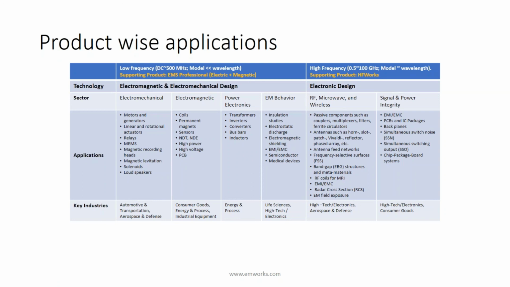You can do wireless power charging, power transfer devices, power electronics devices, high voltage applications, transformers, bus bars, etc. And also in the high frequency, mainly we are dealing with antennas. We are also dealing with RF and microwave passive components like couplers, waveguides, etc.